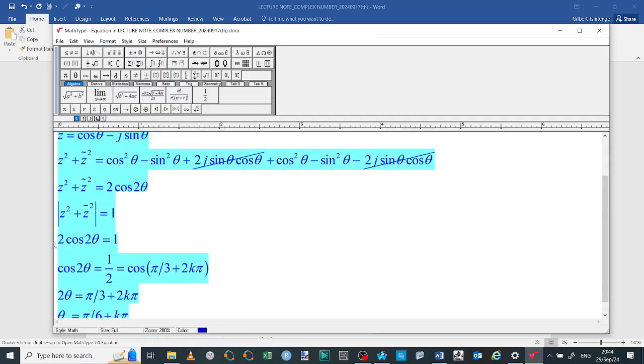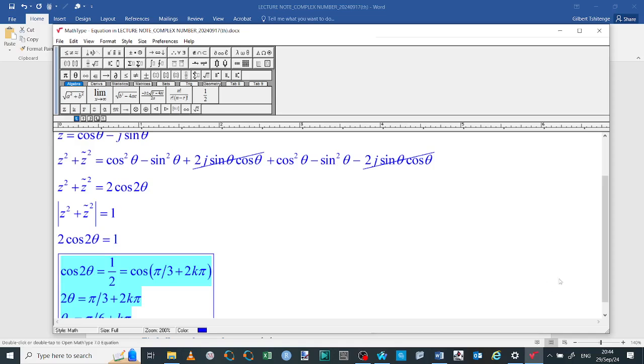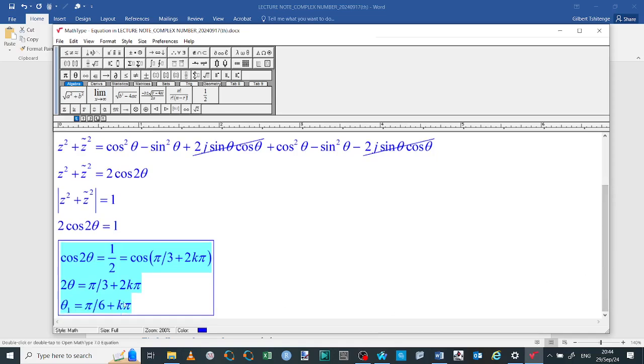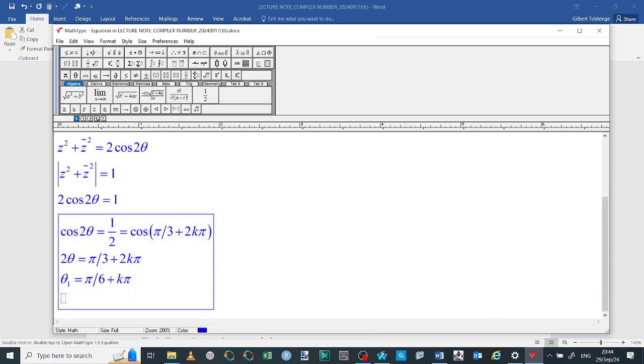Okay, this is one possibility. In this case, k is an integer, because we didn't really address k.